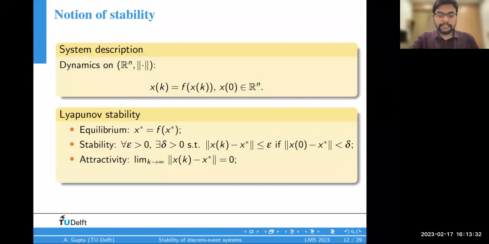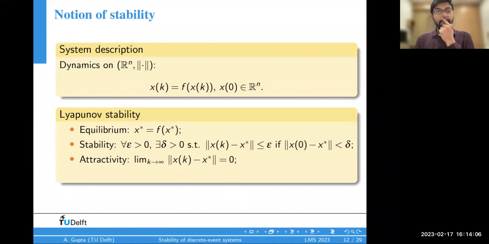The stability property suggests that if I start at a particular distance, I will remain at a particular distance. So if I start closer to the equilibrium, I will not diverge from it or go away from it. That is the idea of Lyapunov stability. I can start really, really close to the equilibrium, and if I can ensure that the trajectory will not diverge away from the equilibrium, then we say that the system is Lyapunov stable.